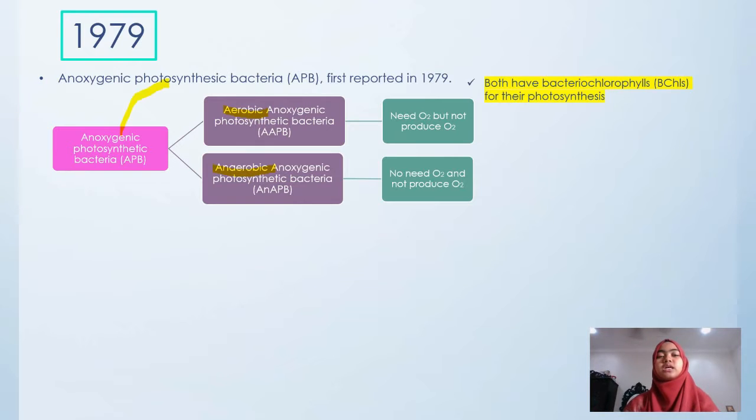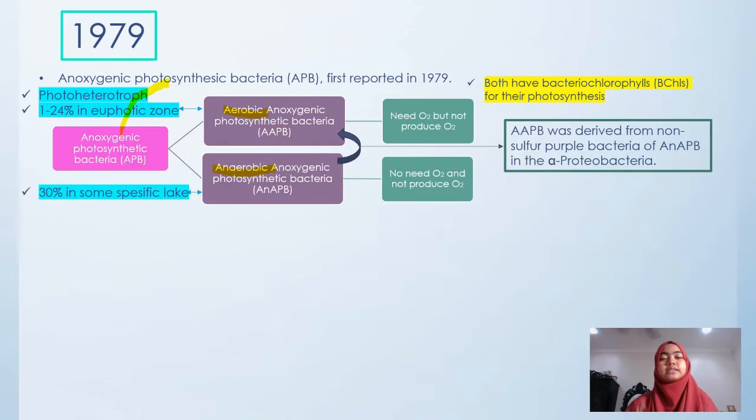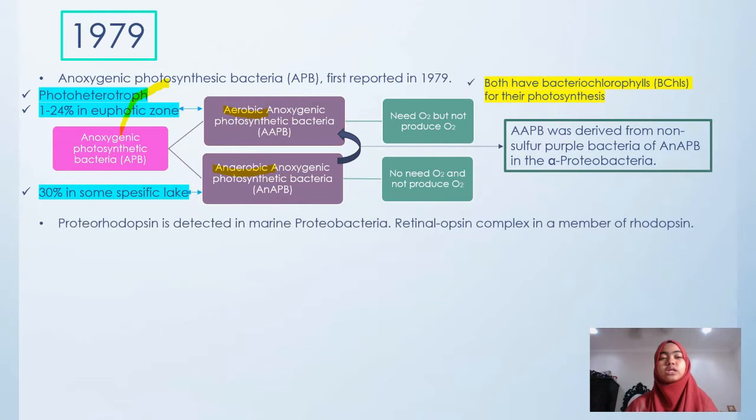Both AAPB and NAPB have bacteriochlorophylls for their photosynthesis. Aerobic anoxygenic photosynthetic bacteria are derived from non-phototrophic anaerobes in the alpha proteobacteria. Aerobic ones are photoheterotrophs and make up about 1 to 24% in the euphotic zone, and the anaerobic are 30% in some specific habitats. It's quite a lot, so it's considered a primary producer.